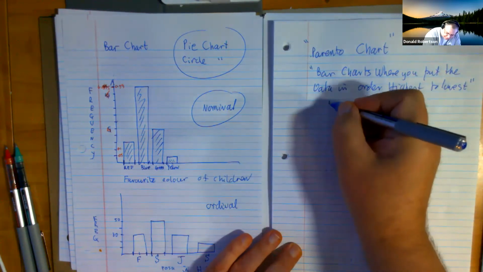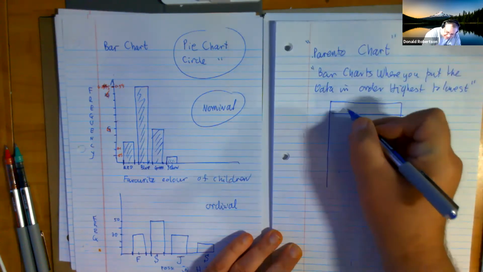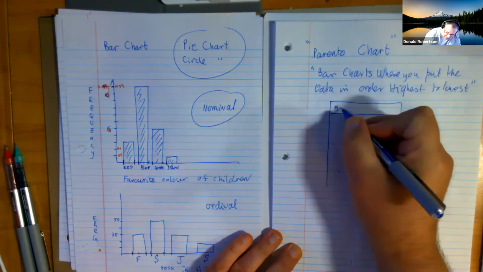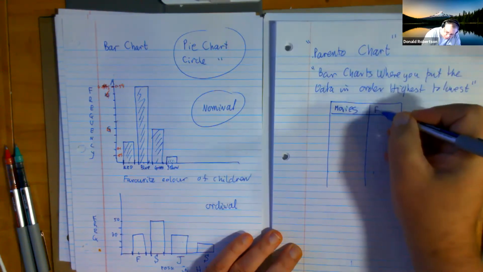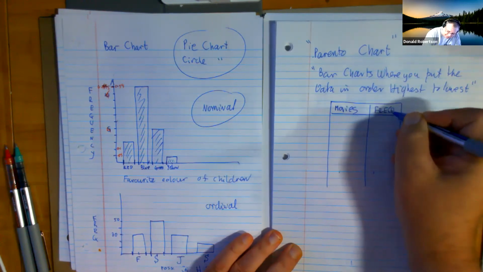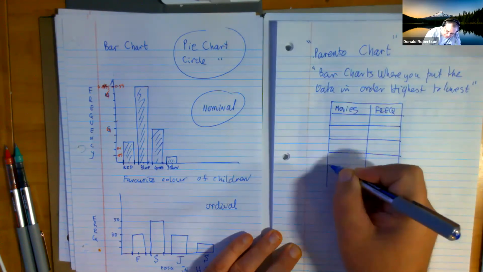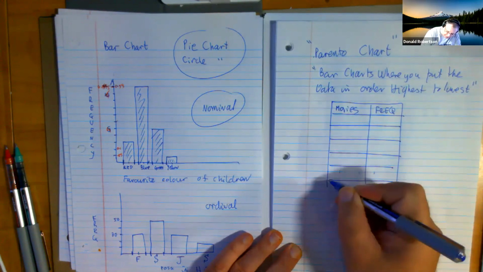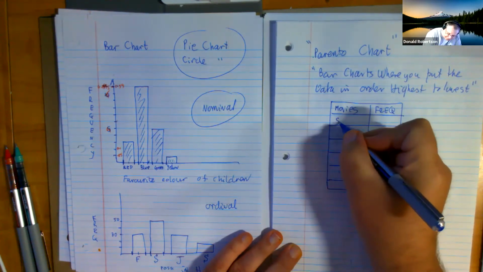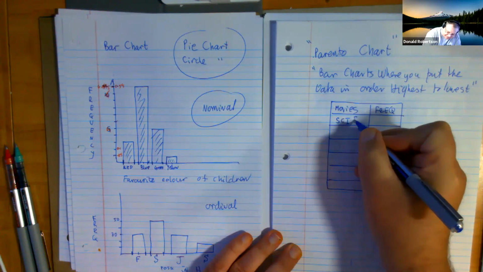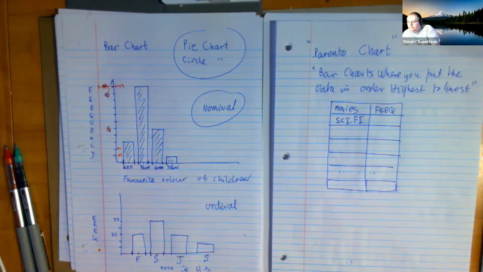So let's suppose I collected data on movies. And we asked people in our sample, what kind of movie do you like to watch? And so some people say, my favorite kind of movie to watch is a science fiction movie, right?